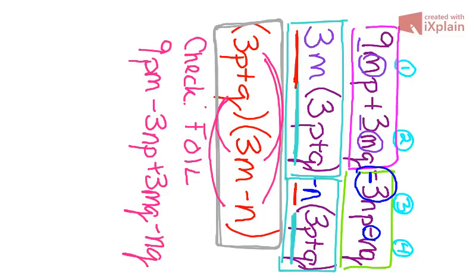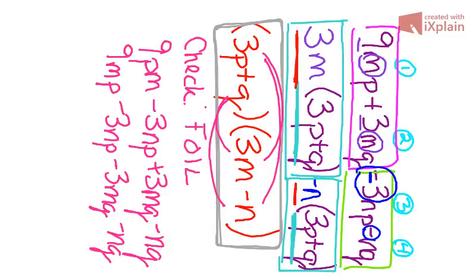Let me rewrite some of this so that it makes sense. For 9pm, we have the commutative property for multiplication, so I can still write this as 9 times m times p. And then I was able to write the rest of these as we see these terms noted in the problem above. It's really just a matter of using your commutative property for addition to make sure that this problem matches the one that you started out with.